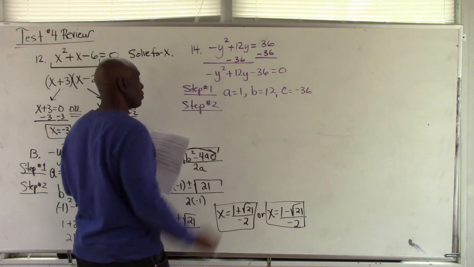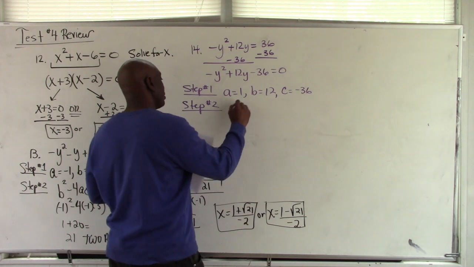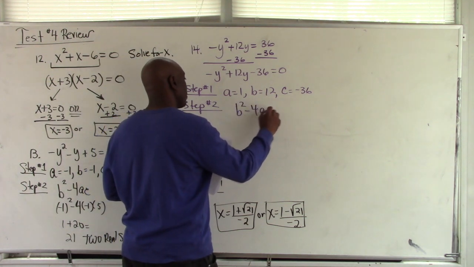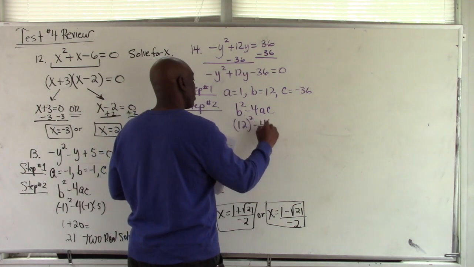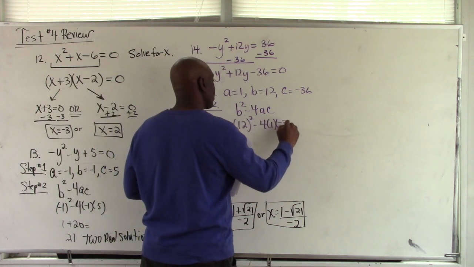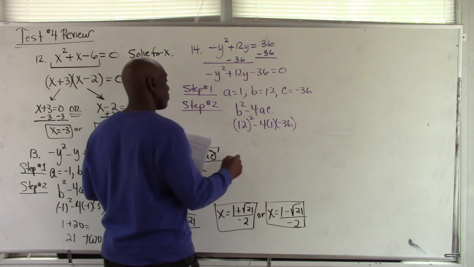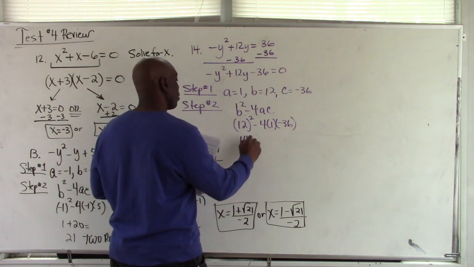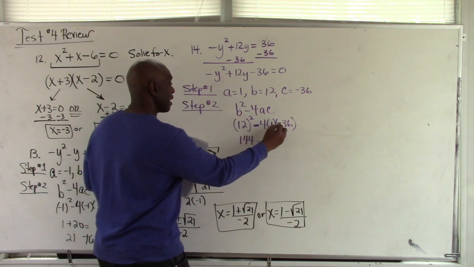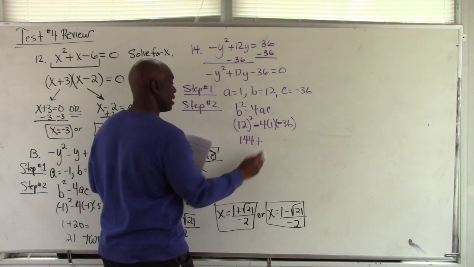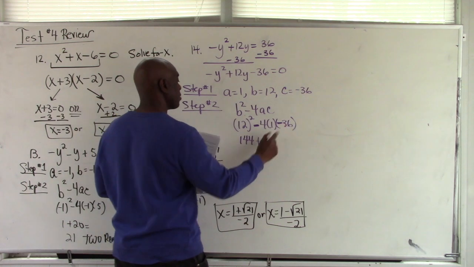Give me the nature of the roots. b squared minus 4ac. So b is going to be 12 squared minus 4 times 1 times negative 36. This is going to be 144 minus, is it a minus or plus? A negative times a negative is a positive, plus 4 times 1 times 36.